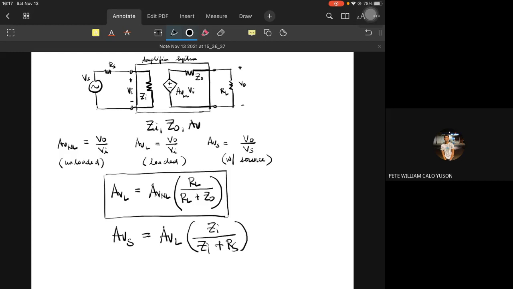So that's the formula for AVS as a function of AVL.